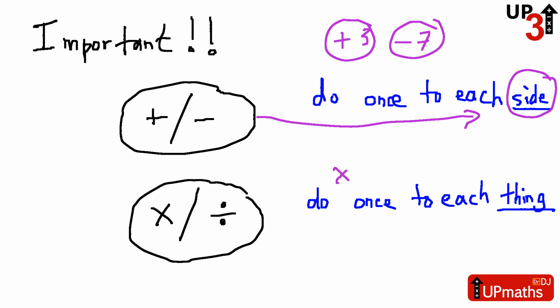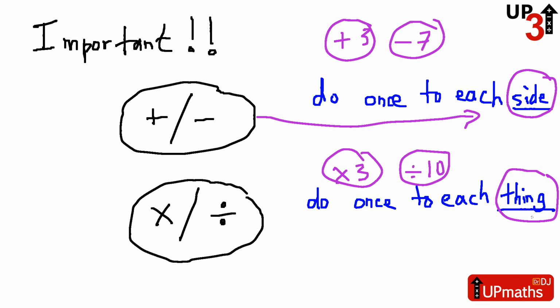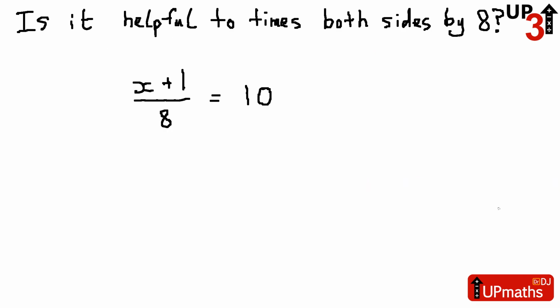But if we're timesing by 3 or dividing by 10 or whatever, then we have to do it to every single thing that we can see. You might rewind it. If this is kind of early days of learning for you, you might rewind it, redo the earlier examples and think about what we just talked about there. Or just do more examples. Anyway, now let's look at something else.